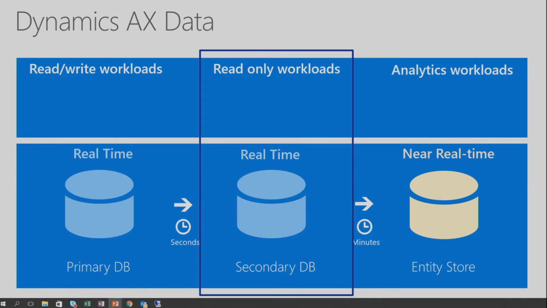So now think of this. You have your read-write workload, which is running on the primary node. You do your read-only workload on a secondary database I was talking about. Remember the previous slide where I was telling you about the secondary? That's where you're running your queries.